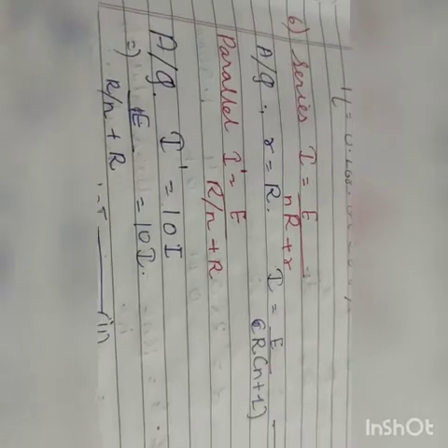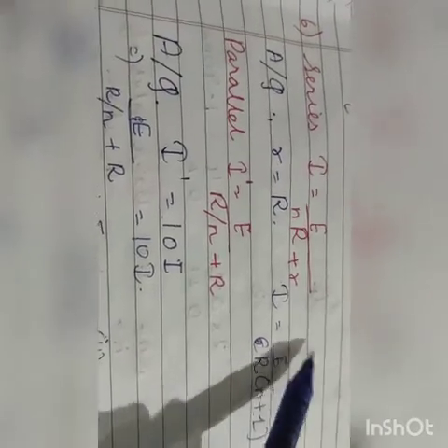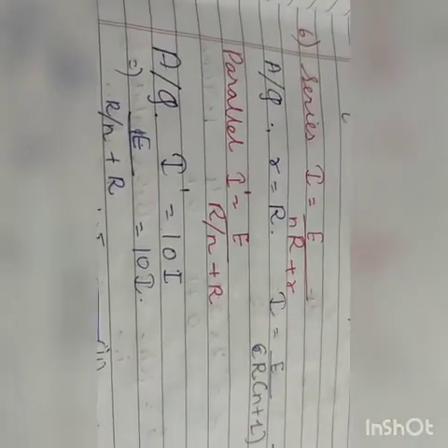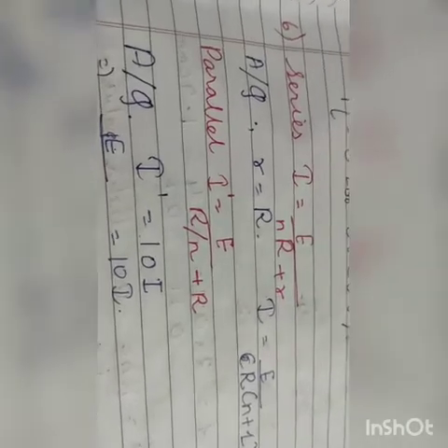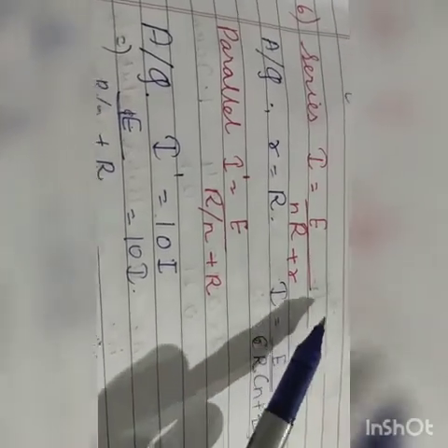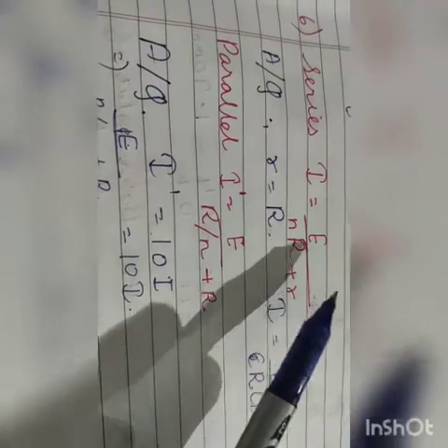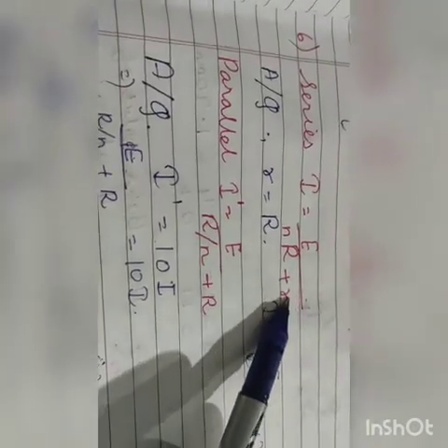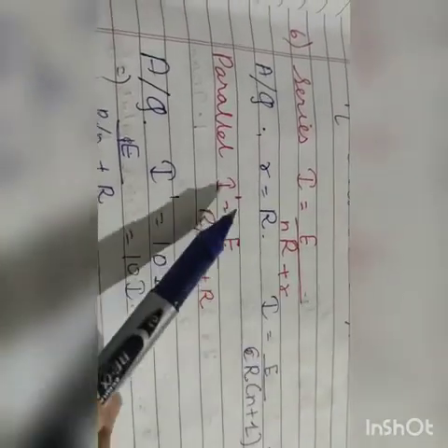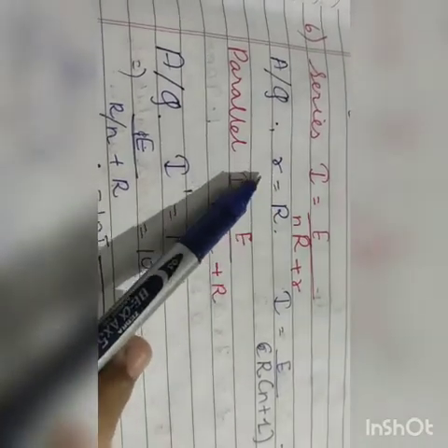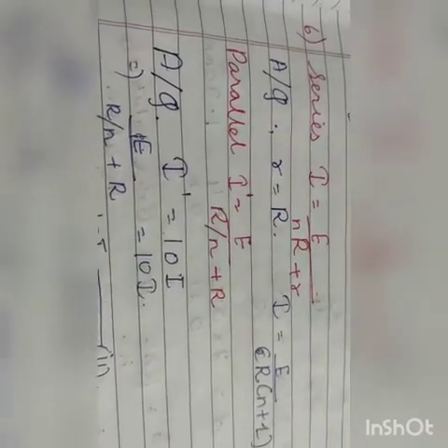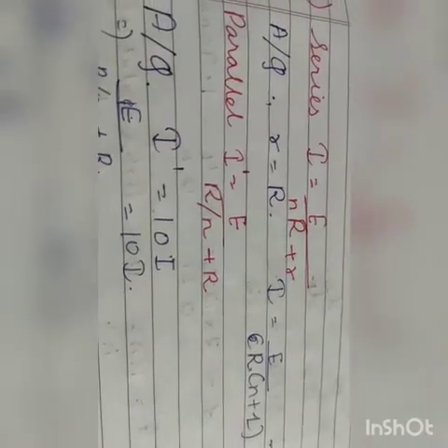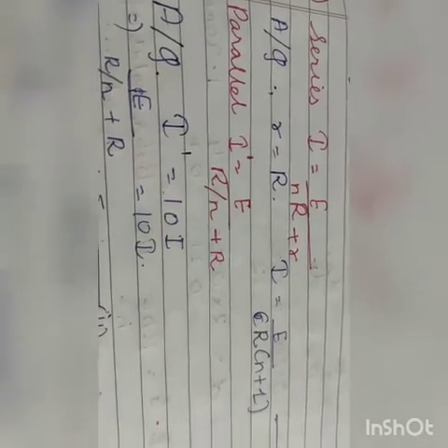So it is given in series. We know that the formula for n cells connected in series is I is equal to E by nR plus R, where R is external and R is internal resistance. So according to the question, internal resistance is equal to external resistance, as all the resistances are the same.